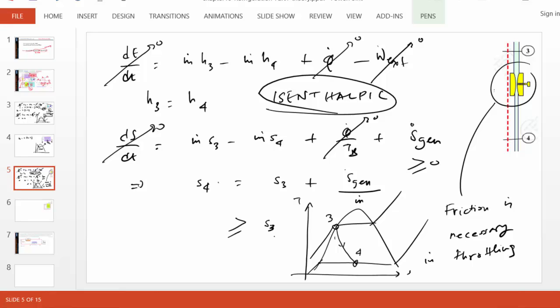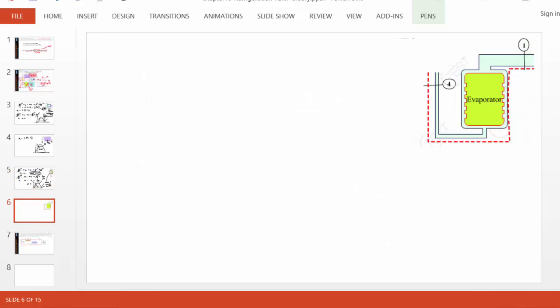Okay, let's go and analyze the evaporator now. What happens in an evaporator is that heat is added, Q dot C, that's our cooling load. And the energy that is carried by mass comes in here at state 4 and goes out at state 1.